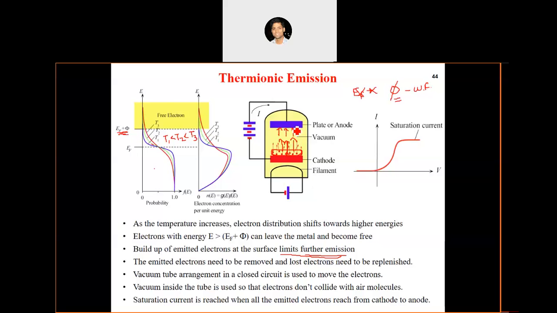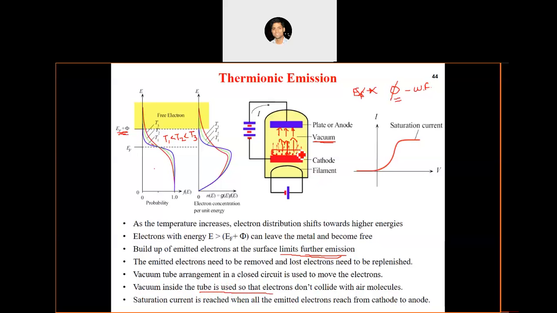We cannot control their movement towards the anode material. That is why this whole setup, these tubes, is kept in a vacuum. Vacuum tube arrangement in a closed circuit is used to move the electrons, and vacuum inside the tube is used so that electrons don't collide with air molecules, and their motion is controlled towards the anode material.